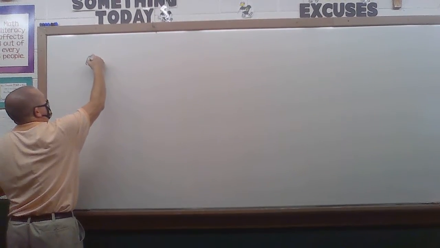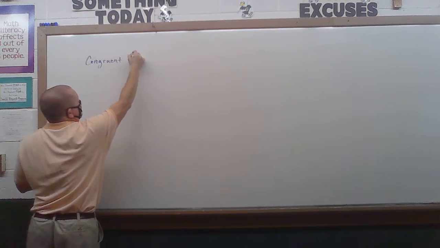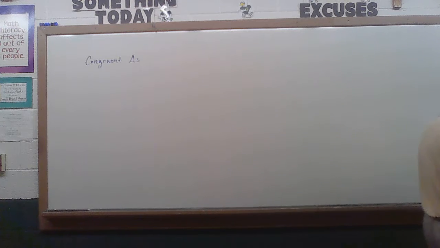So, when we talk about congruent triangles, this can be any shape, but obviously we're specifically talking about triangles at this time, so we're going to talk mostly about triangles. But again, this could be any shape that we wanted.